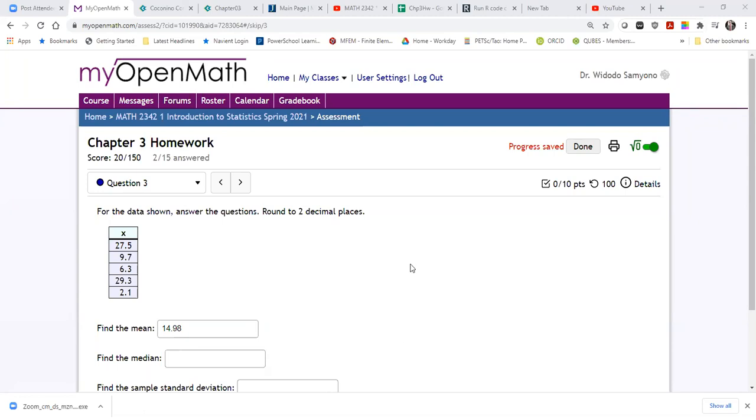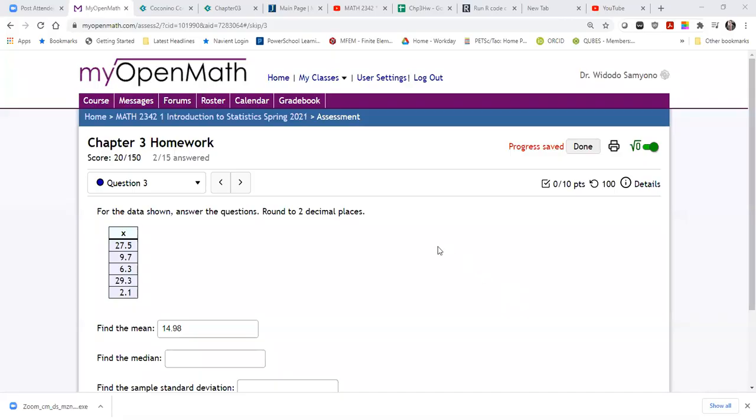Okay. Let me stop it. Okay, let me start it again. Can you see it now? Can you see my screen?